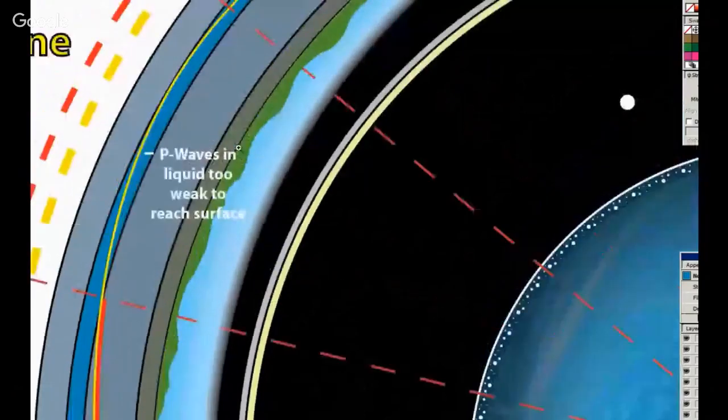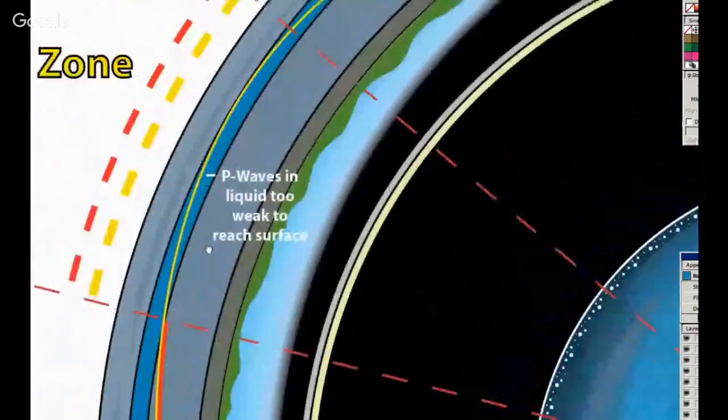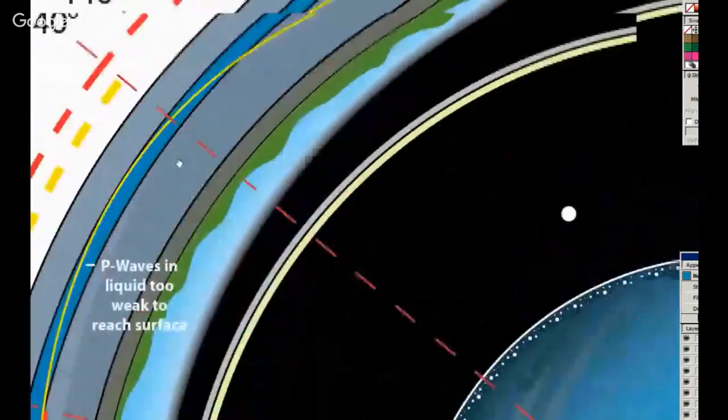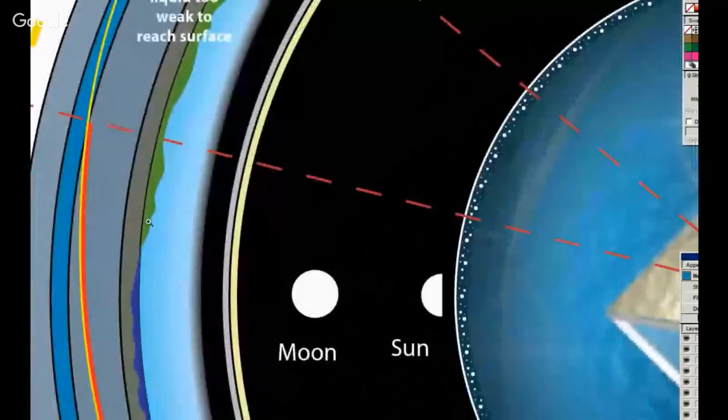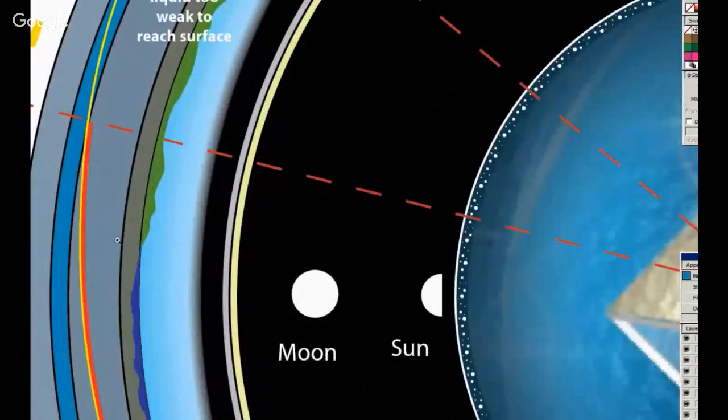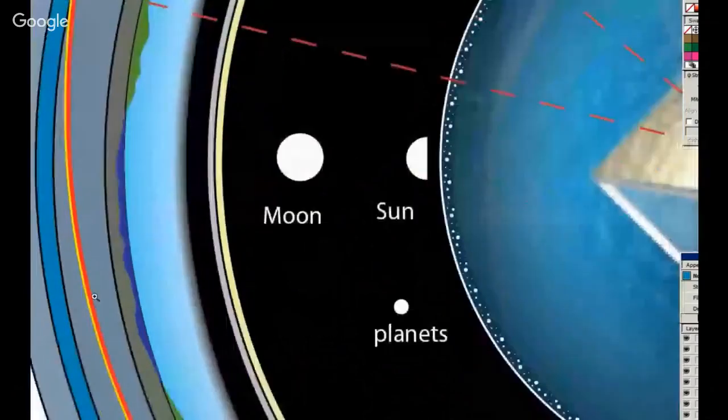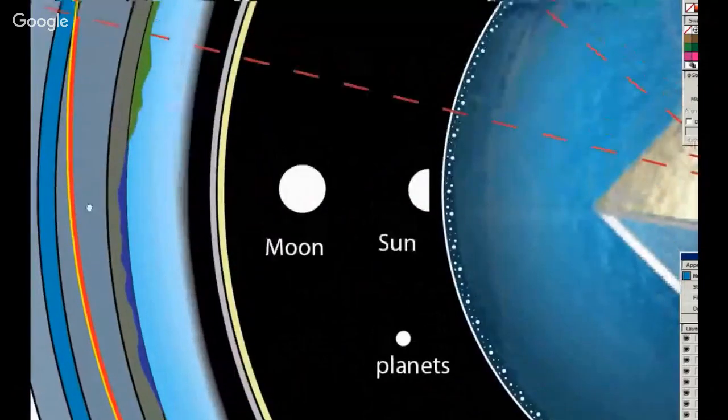That's what I put this video together for. What's going on here, I believe, is that the P wave continues on into this liquid, and then begins to reflect back, curving around. At the surface here, here's the ocean, here's the land. When you're detecting seismic activity below, the signal is obviously getting weaker because it's getting further down, but you're still detecting it.